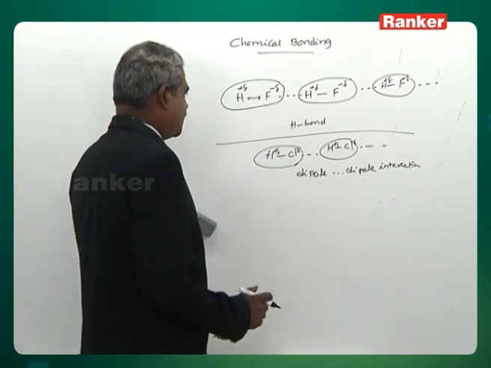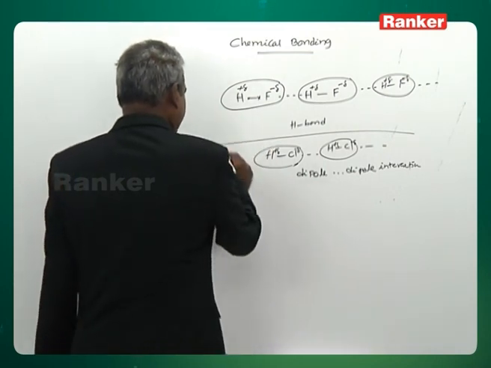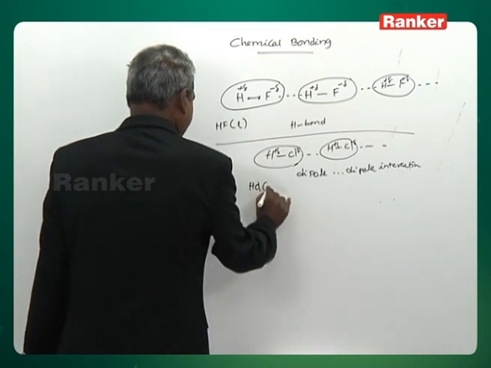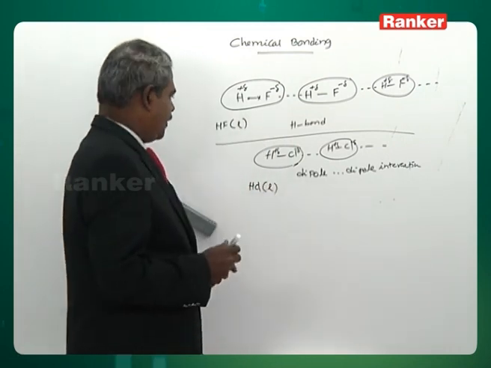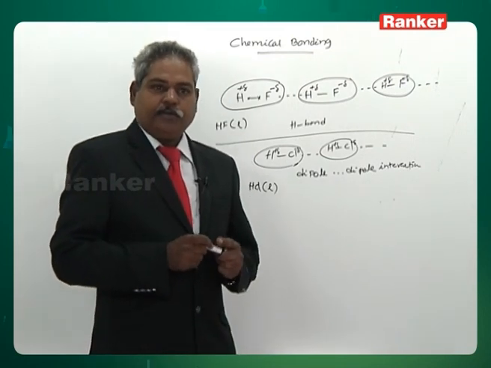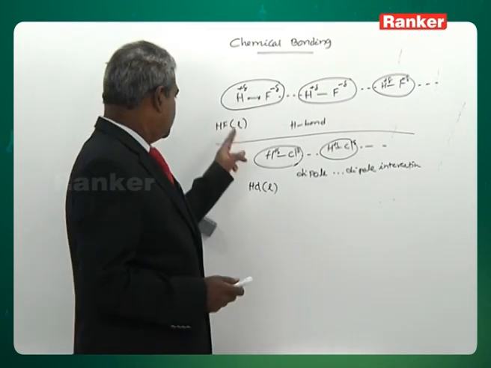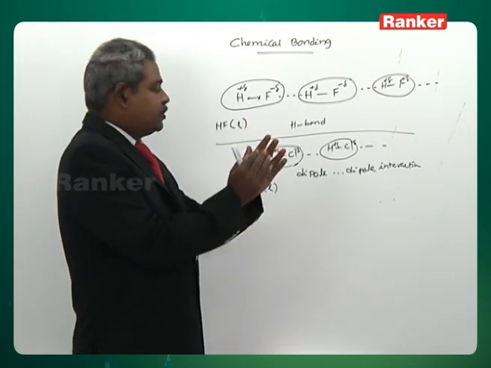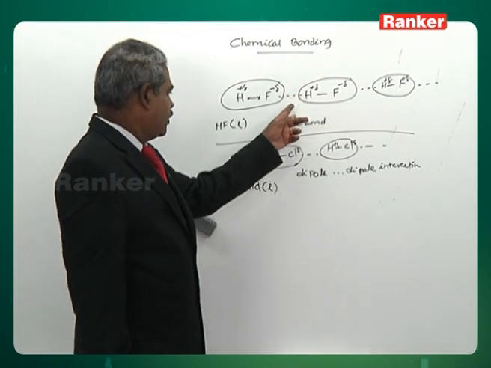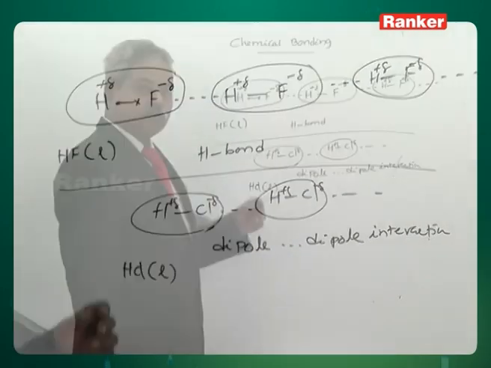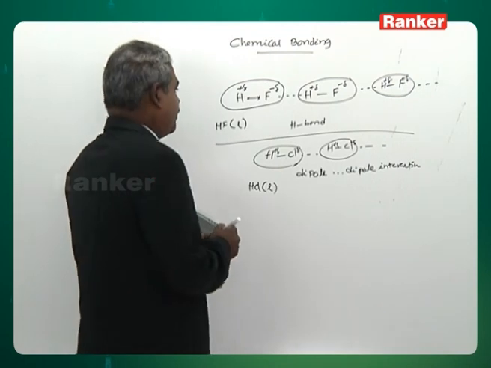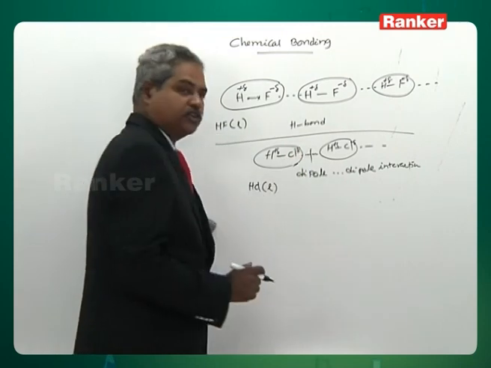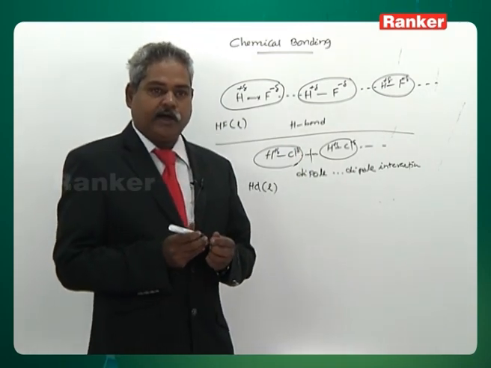So, what happens when HF is in liquid state and HCl is in liquid state? Imagine they both are gases at room temperature, but imagine them in their liquid state. When HF is in liquid state, there is strong force of attraction between molecules of HF. Between molecules of HCl, there is less force. So, when you heat, it is easy to overcome these cohesive forces, because they are not strongly bonded.